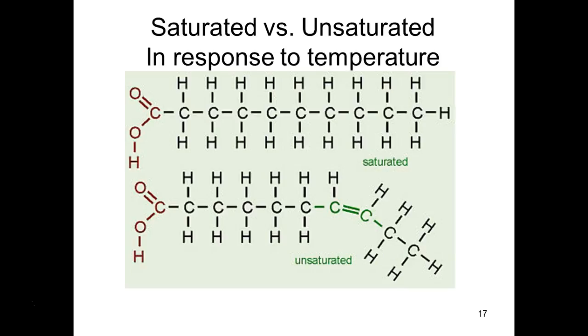So this is what membranes are made out of, right? Out of these fatty substances, that hydrophobic tail. So do you think that organisms have membranes that are saturated or unsaturated? You think they're saturated? What would justify that choice for you?